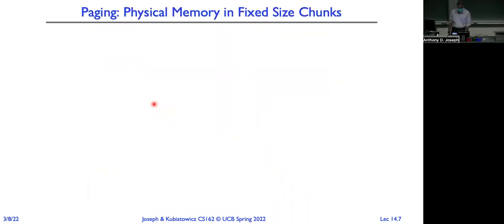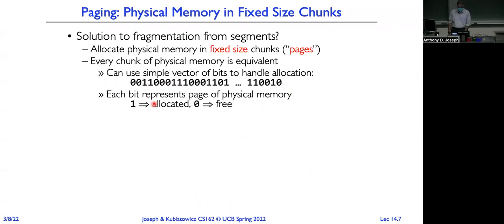So that brings us to paging, which is where we're going to think about organizing our physical memory into fixed-sized uniform chunks. So instead of allocating memory in these variable-size, segment-sized chunks, we're going to allocate them in pages. Now, if I allocate with pages, how can I determine whether a given chunk of memory is free or allocated?